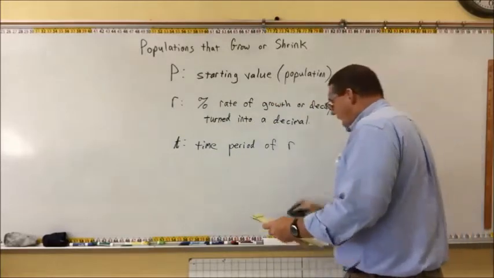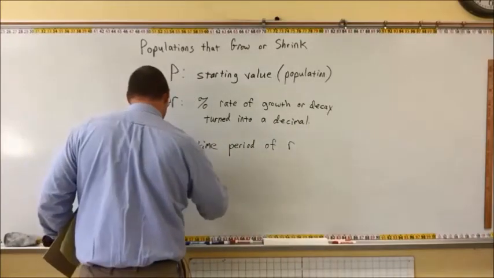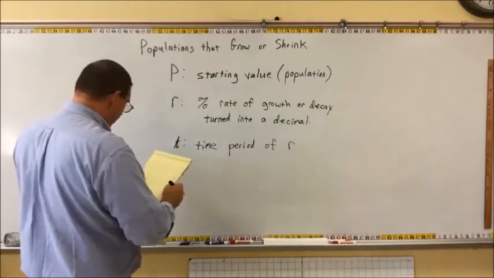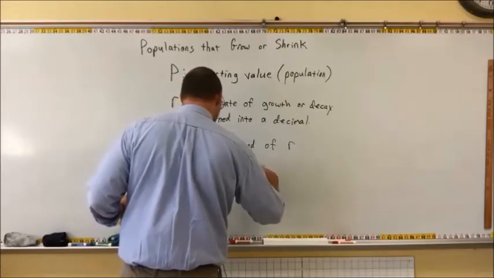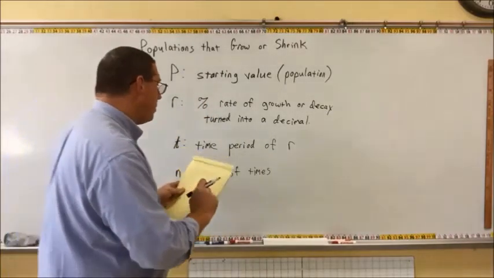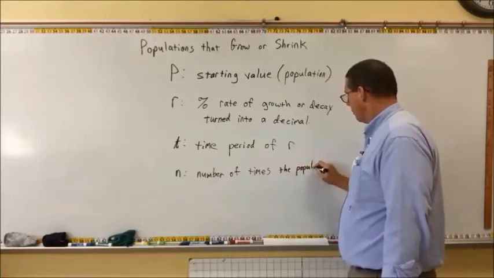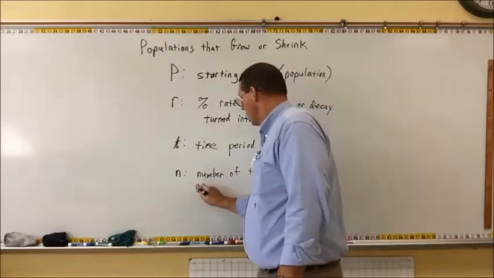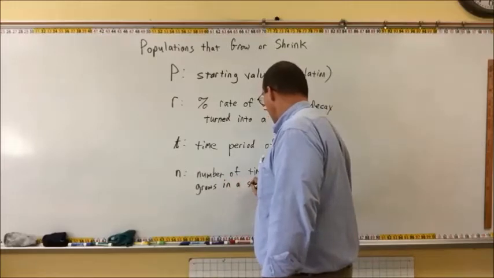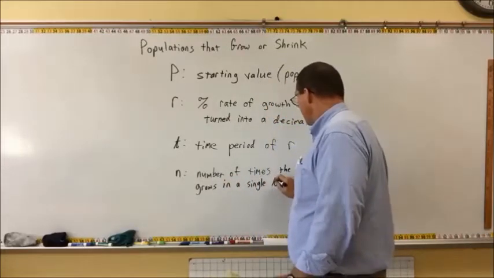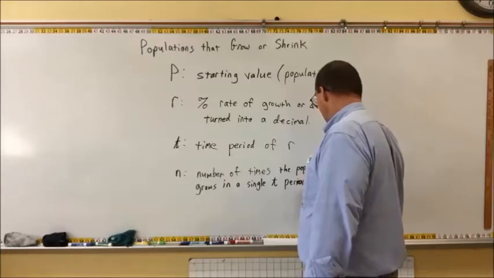Our next letter is N. Now, N is the number of times the population grows in a single T period.